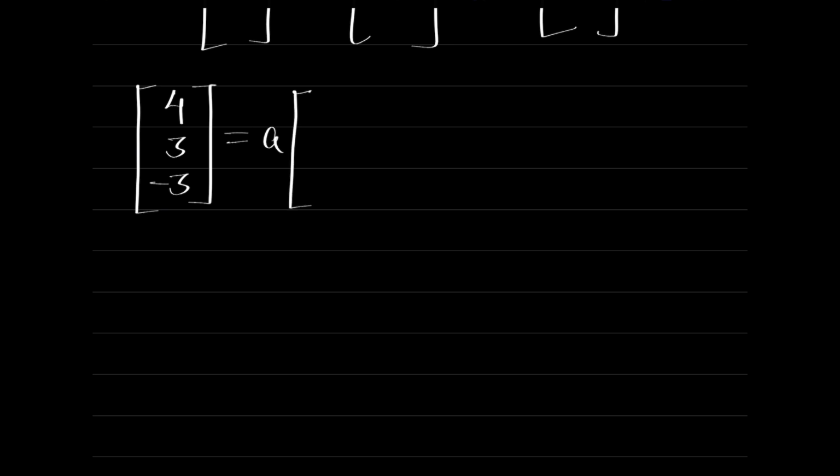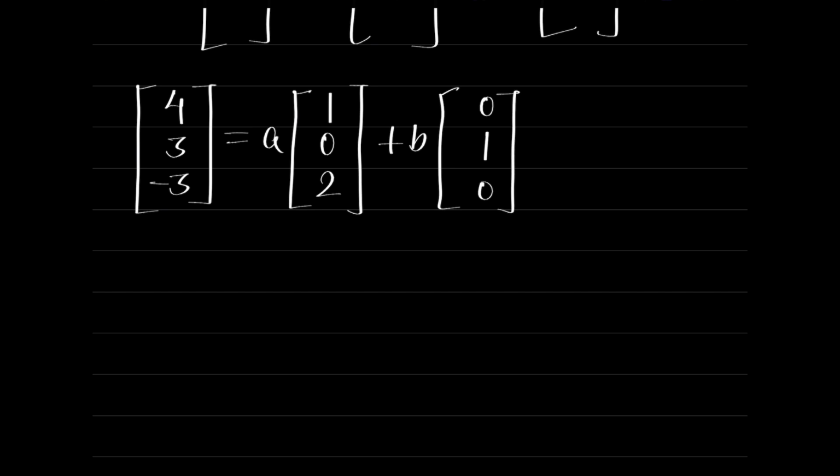Now we will express in the form of vectors, which will become (4, 3, -3) equal to A (1, 0, 2) plus B (0, 1, 0) plus C (-2, 0, 1).